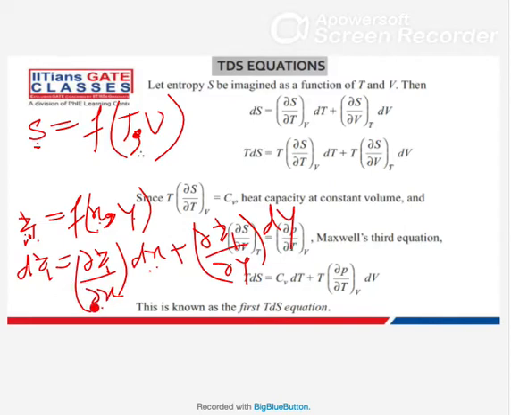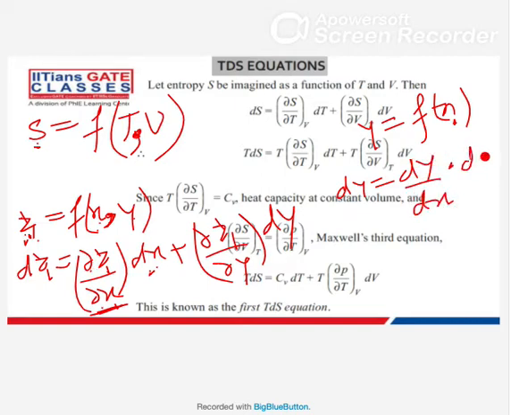This is basically the slope multiplied by dx. From the straight line formula you can derive this for a single variable. If y is a function of only x, then dy is dy by dx multiplied by dx, so actually delta y equals dy by dx multiplied by delta x.